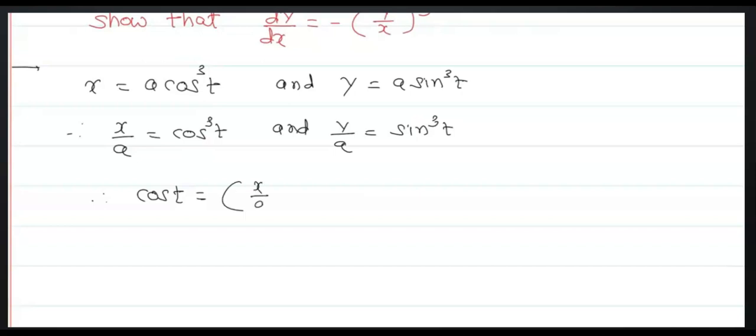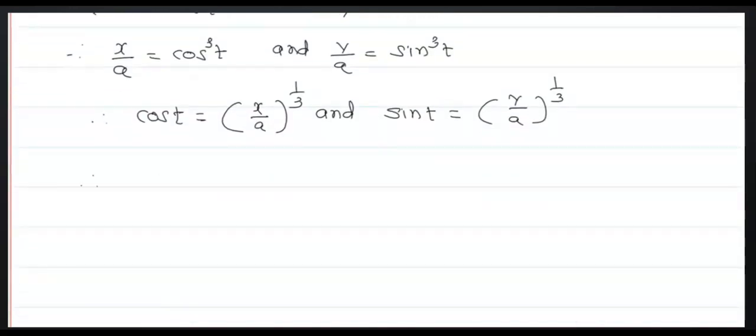That is cos t is equal to (x upon a) raised to 1 upon 3, sin t is equal to (y upon a) raised to 1 upon 3. Therefore sin square t plus cos square t is equal to (x upon a) raised to 1 upon 3 plus (y upon a) raised to 1 upon 3.